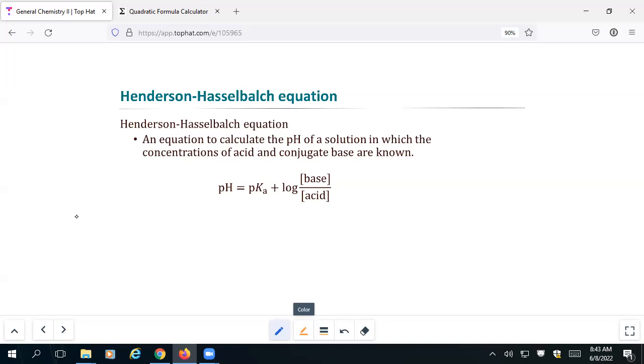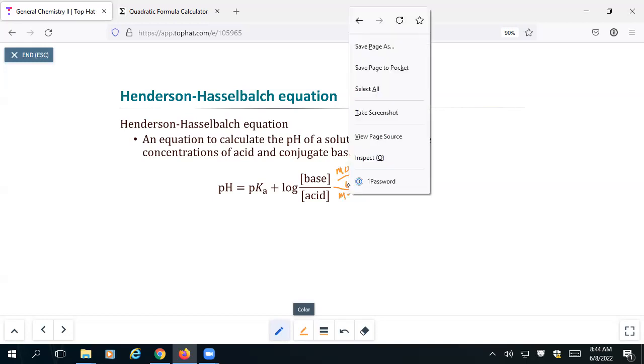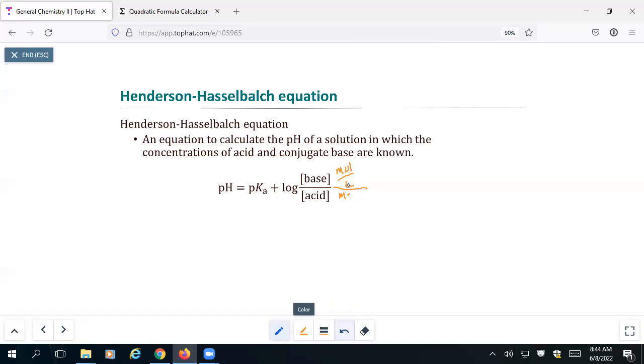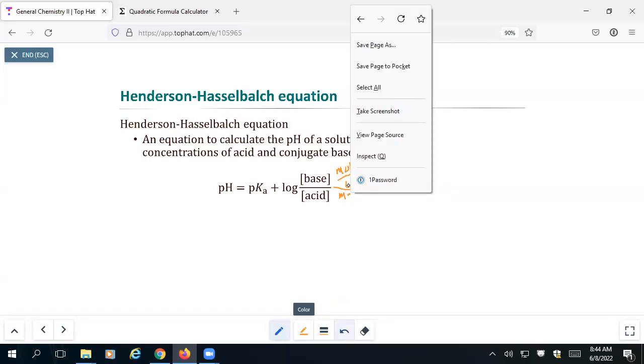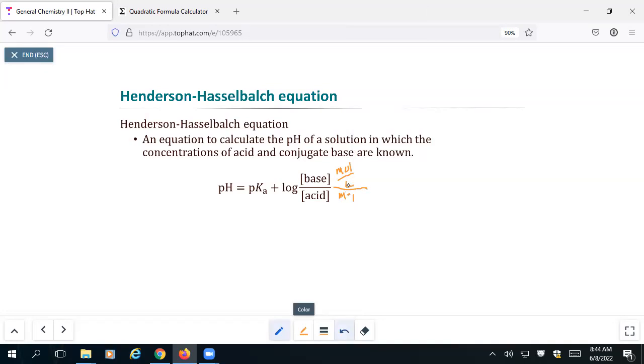And the reason we don't need molarities is because if I have moles over liters in the numerator and moles over liters in the denominator, and I know that these 2 liters are equal, then that also means that I can cancel them out.